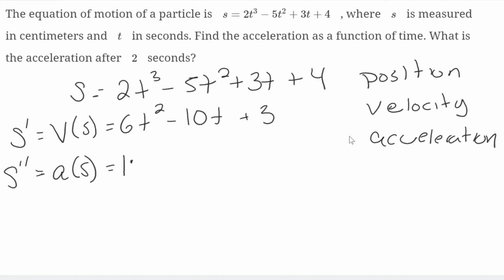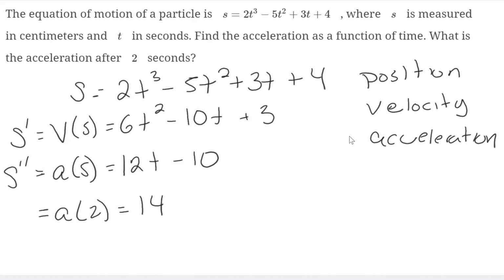So this becomes 12t minus 10. Now we can find the acceleration after 2 seconds by just plugging in 2. So 24 minus 10 is 14.